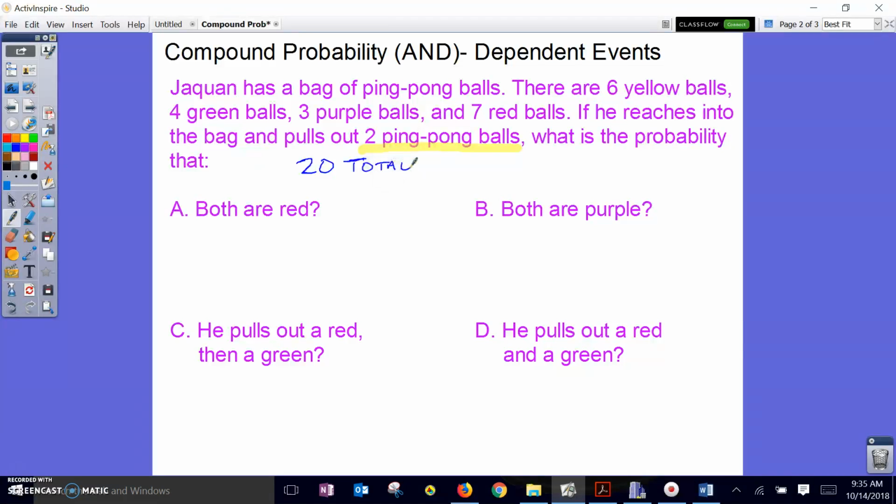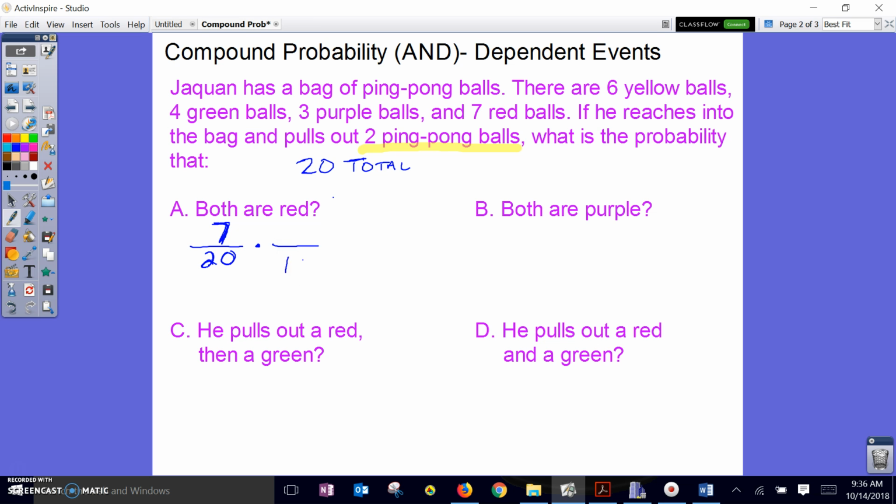Okay, so to pull out 2 and have both be red, first he has to pull 1 red ball out of the bag. And there are 7 red balls in the bag. So the probability of pulling out a red ball as the first ball is 7 out of 20. Now when he goes to pull that second ball out of the bag, there aren't 20 balls left in the bag anymore.